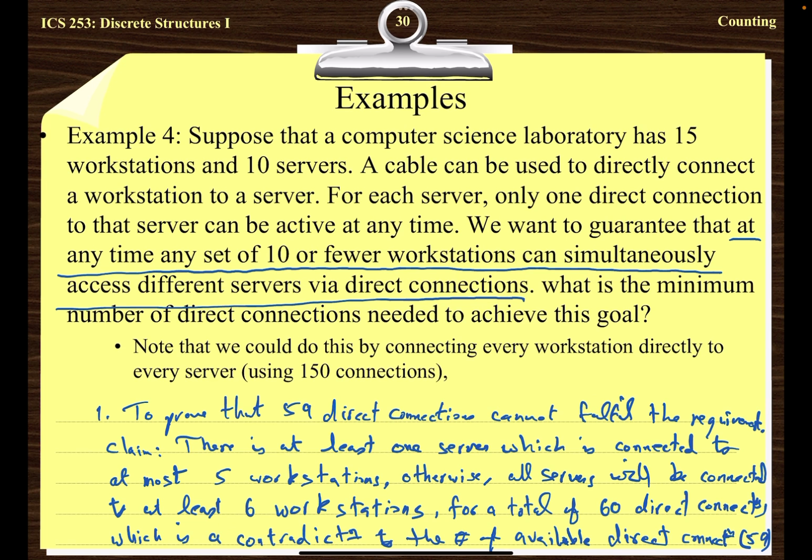Can I repeat? The claim is that there is at least one server connected to at most 5 workstations. And my requirement is that for any subset of 10 workstations from the 15, I can access 10 servers and have the active connections simultaneously for the 10.